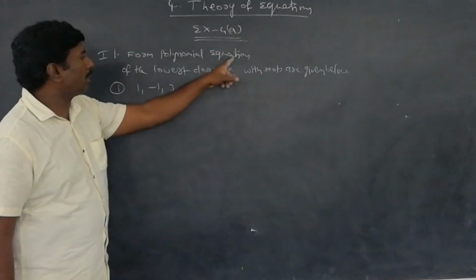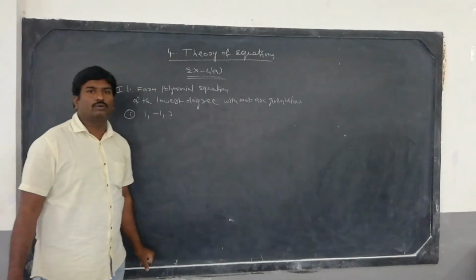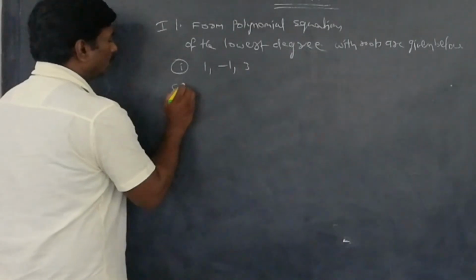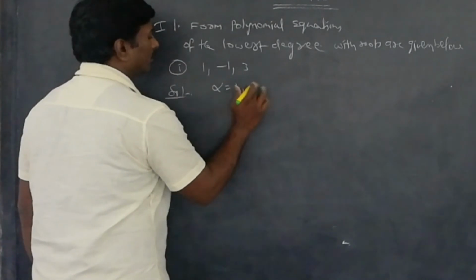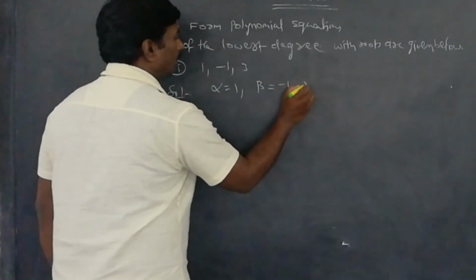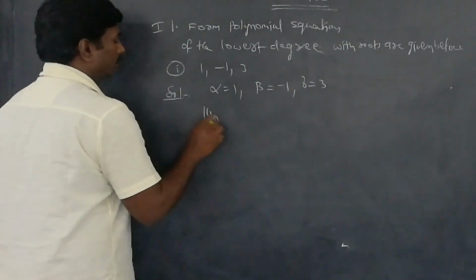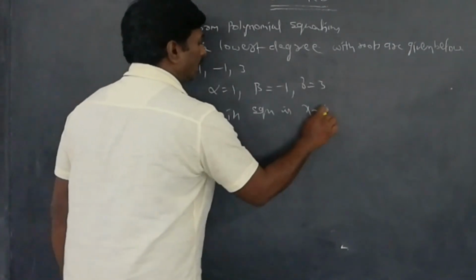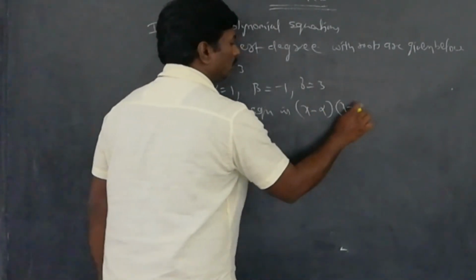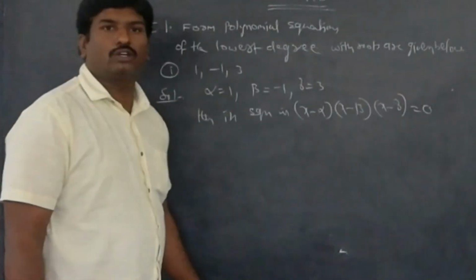Here you have to form a polynomial equation of the lowest degree whose roots are given below. Here roots are given, so I am taking the given roots as alpha, beta, gamma. Then its equation is x minus alpha into x minus beta into x minus gamma equal to 0.